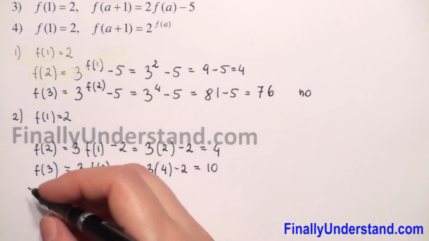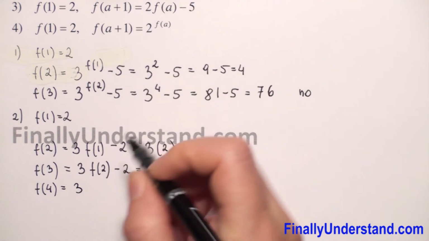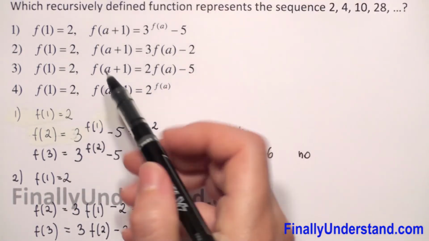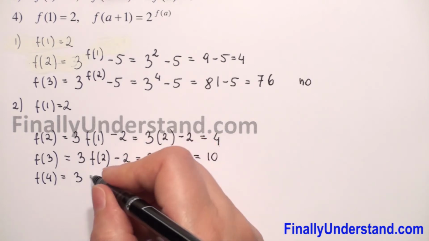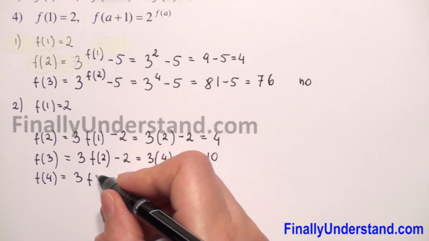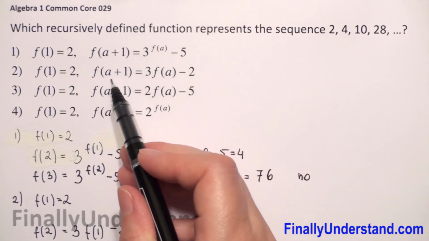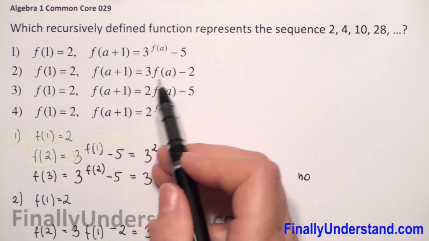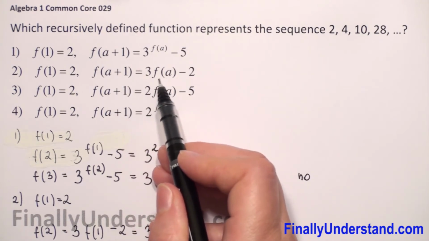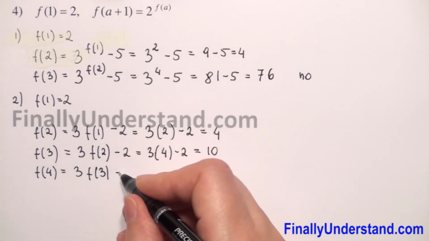So let's see the fourth term. F of 4, we use the same definition. 3 times the term before, so f of 3. Why before? Because we see that the term is a plus 1, so it's like the next term, and in the formula we have the term before. We have only f of a, and we have to subtract 2.